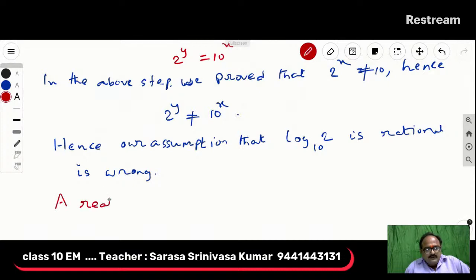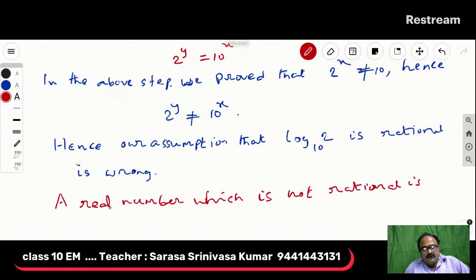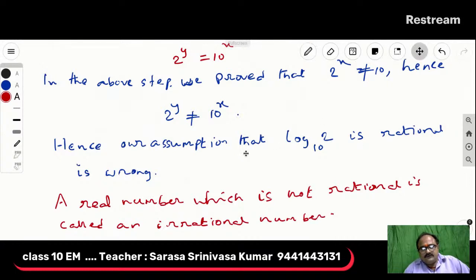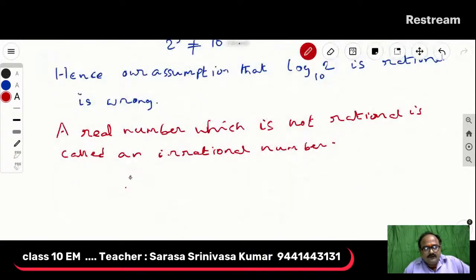A real number which is not rational is called an irrational number. Therefore, log 2 base 10 is irrational.